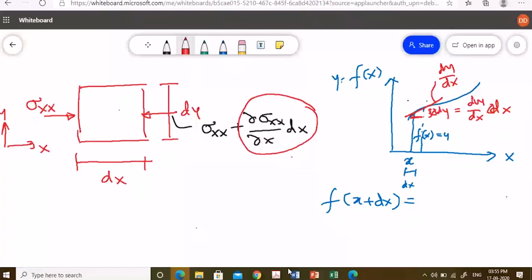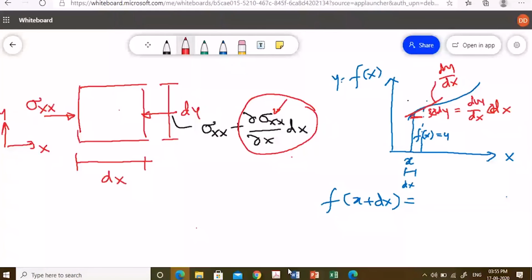This is the first order. You ignore the higher order term. This is the same thing. Now here the del came because this is the partial derivative. Sigma xx is the function of both x and y. So that's why it will be partial derivative. So I hope everybody understood how I have written that.